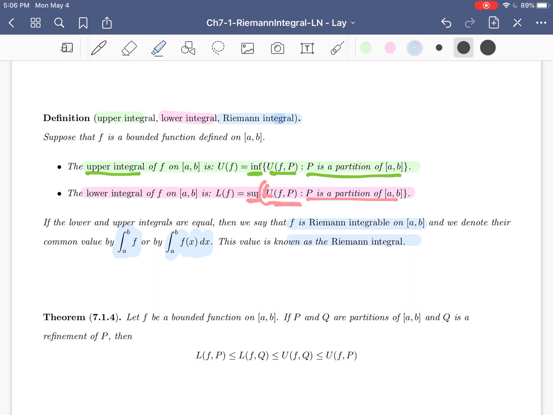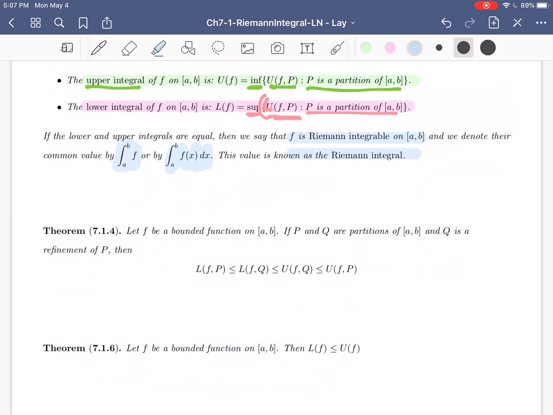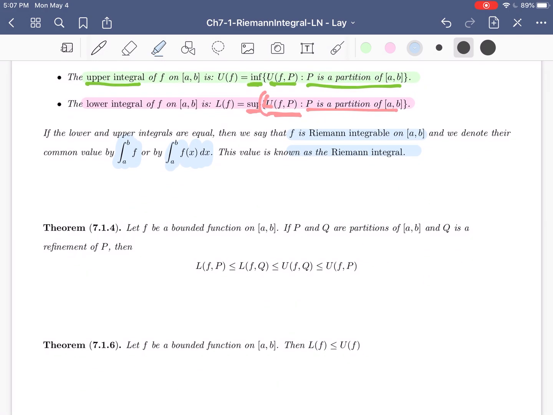And so when our least upper bound for the lower sums is equal to the greatest lower bound of the upper sums, then we would have a Riemann integral, and it's Riemann integrable.